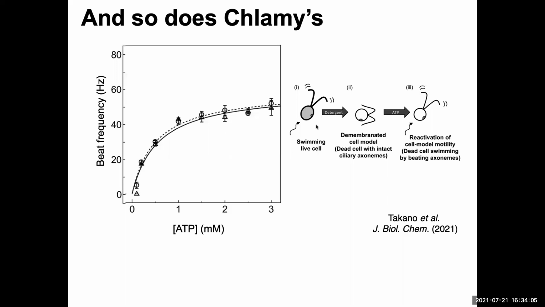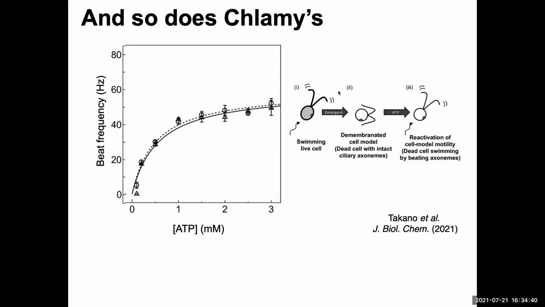Now, the caveat is the way they did this here is they demembranated Chlamydomonas, leaving the axonemes, which drive the beating, intact, but the cell is dead. And then they added the ATP, and it caused the dead cell to beat, and they established that the beating was similar to live cells.